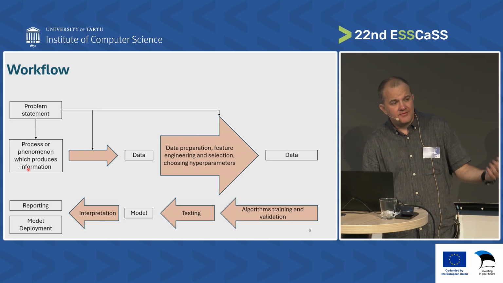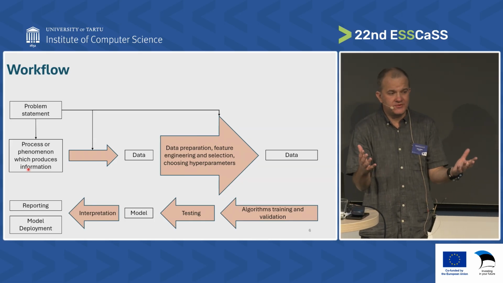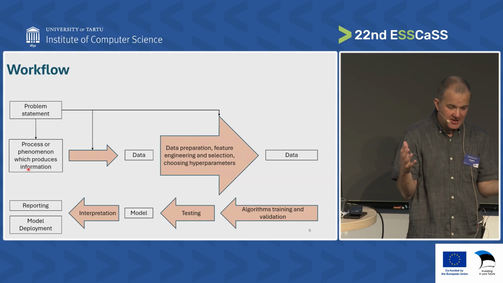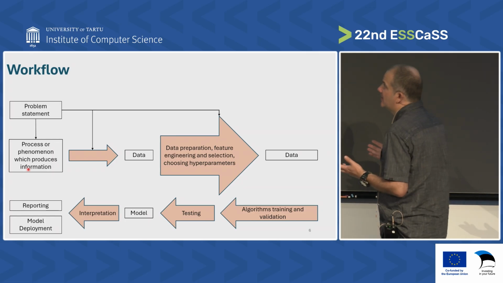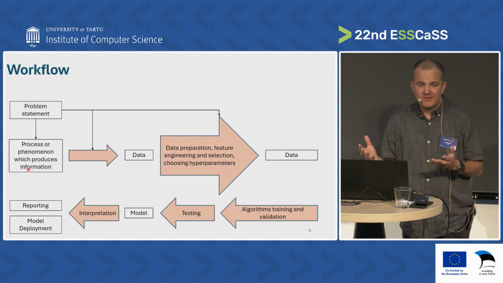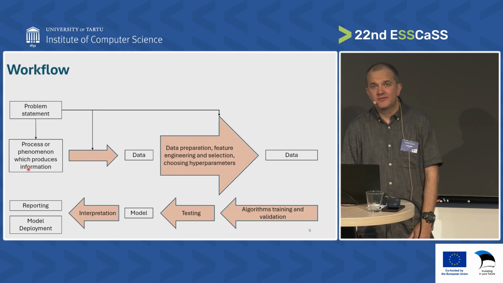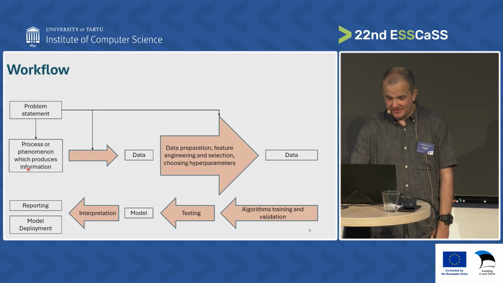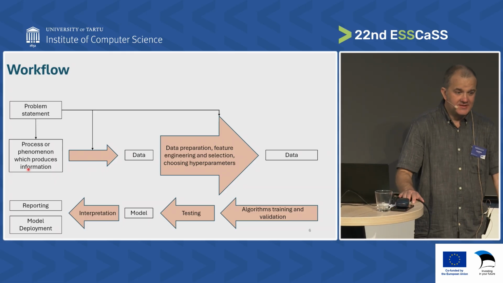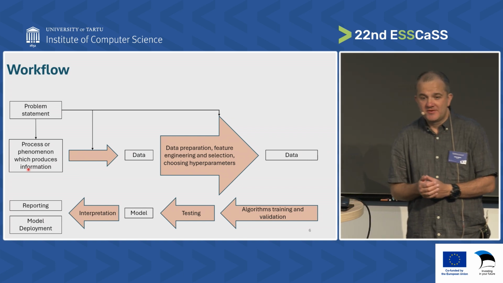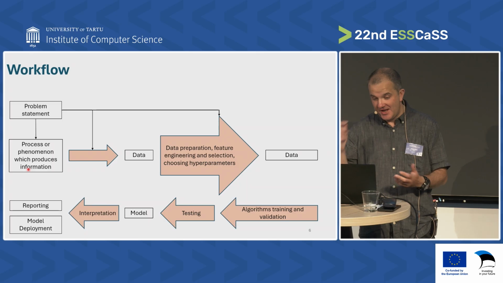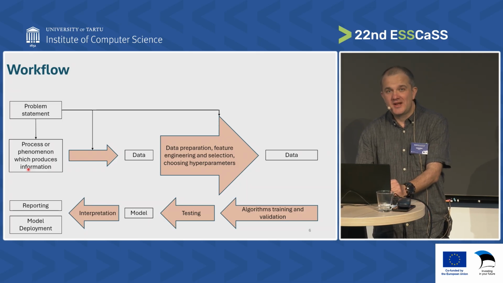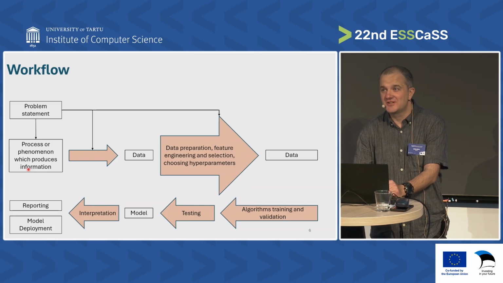And then we start first, so we have our process or phenomenon, and we assume that either someone or we have access to it, so we can gather data. So the first step is to gather data, and by the way, nowadays it sounds quite funny. In many cases, representatives of private business or industry may approach us to help them to use artificial intelligence, but they miss two key components.